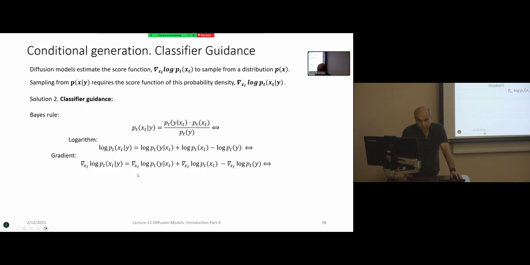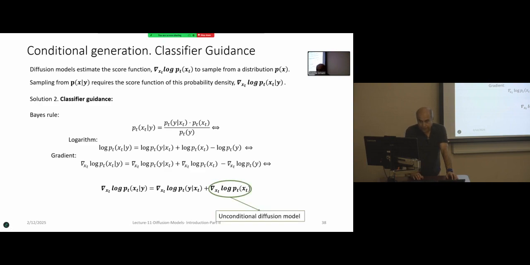The gradient of this will put a gradient here, the gradient of log pt of xt, and the gradient of log pt of Y, which is shown here. Now, what will happen to this last one? It'll be 0 because this doesn't depend on x. It's just the marginal probability of Y. These two terms depend on x. This also depends on x, because even though the probability is of Y, given x, it depends on x. So therefore, it becomes like this.